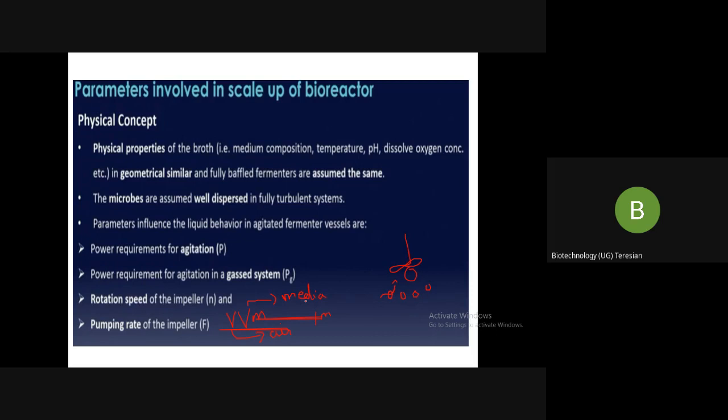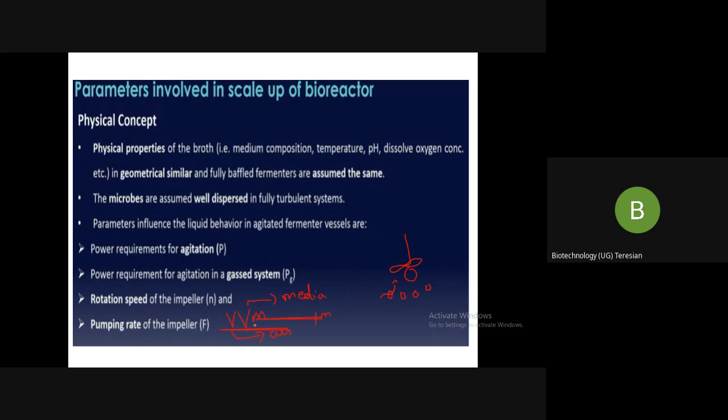Now, for a particular type of reactor, there are different types of agitators. I'm talking about the pumping rate of the impeller, and this pumping rate of the impeller is expressed as VVM, which stands for volume of air per volume of media per minute.